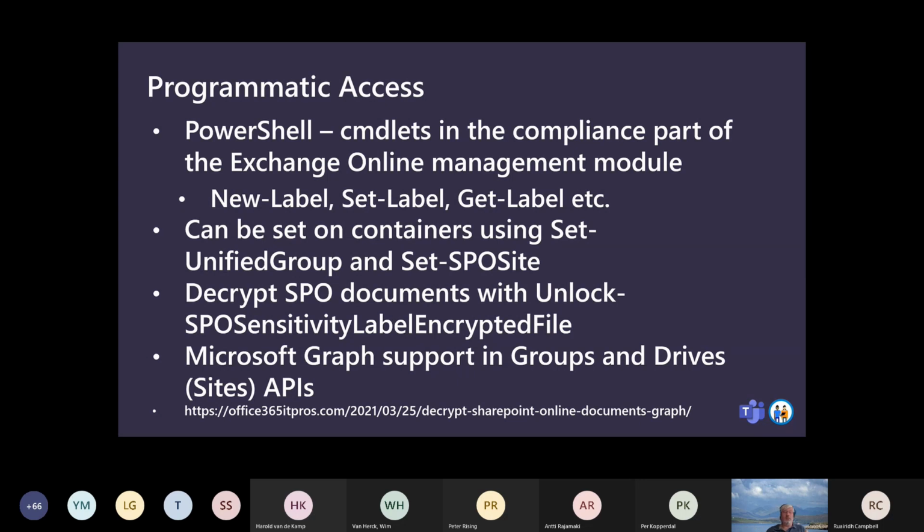A lot of people have asked Microsoft for a PowerShell command to do it, because it would be quite handy at times to be able to apply a sensitivity label to a set of documents or a set of messages, and they haven't done that yet.